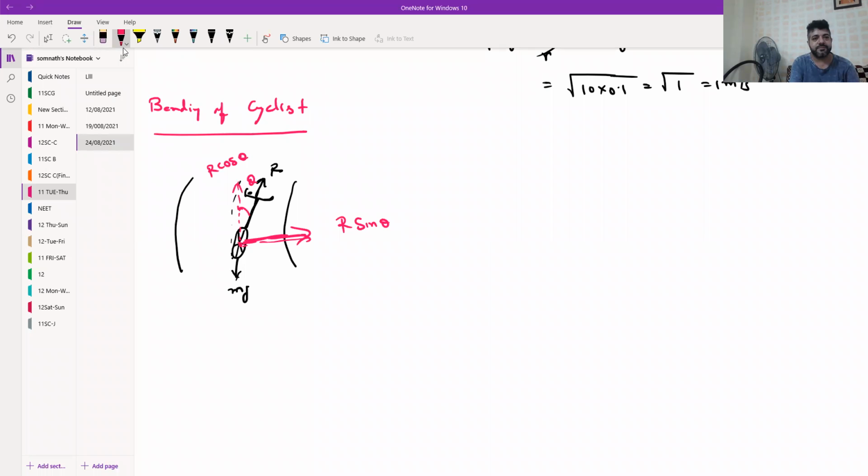I can write R cos theta balances mg, and R sin theta is acting towards the center, mv square by r. R is the radius of the track.